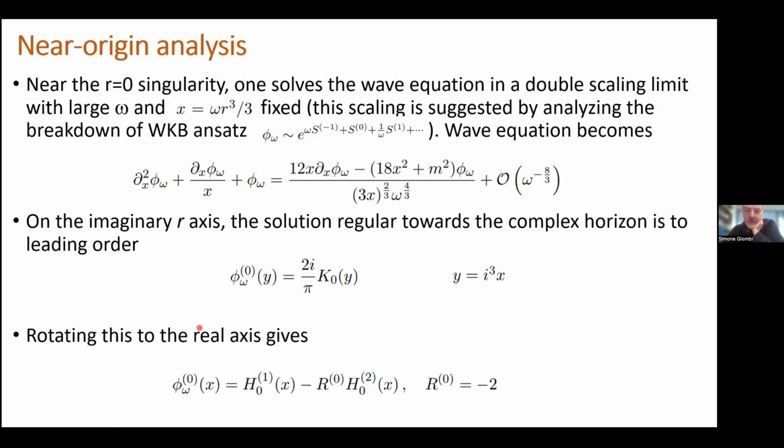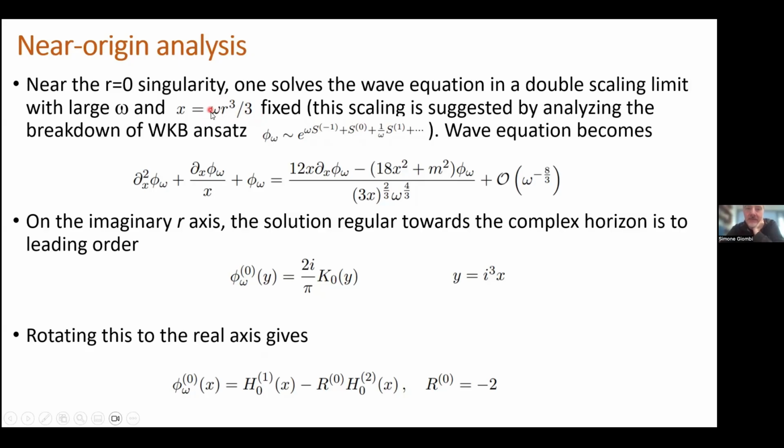Okay, so now the details are not too important, just to flash what's going on. Near the origin, as I said, the naive WKB ansatz breaks down because essentially these terms are not small compared to the leading ones. And so instead of using this ansatz, one has to solve the wave equation in a double scaling limit where r goes to 0, omega is large, but with this product fixed.